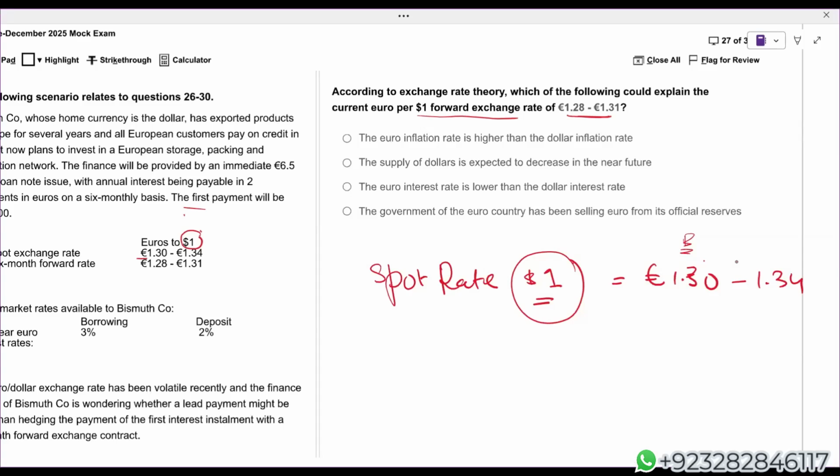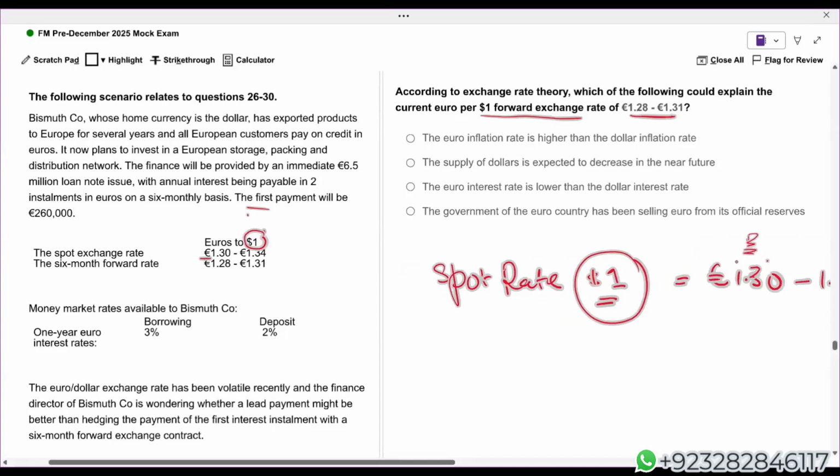Now let's read what is happening here. According to the exchange rate theory, which of the following could explain the current euro $1 forward exchange rate? Look at this, the 6 months forward rate is this. Try to understand the 6 months forward rate.